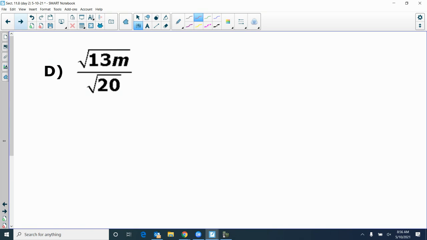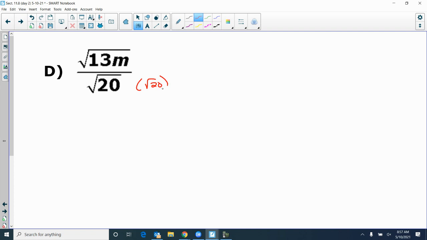Okay, square root of 13m over square root of 20. I'm going to show you 2 ways to do this. I don't know which one's easier than the other. What do you think you multiply by? How do I get rid of that radical 20 in the bottom? Amanda, what do you think? So I'm going to do this.